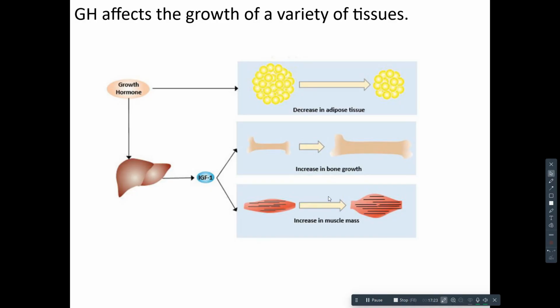It helps increase bone growth. When you've still got that epiphyseal plate, it'll make your long bones longer. Also helps decrease your adipose tissue levels. So that's just a few facts about growth hormone. It is not a complete list here, of course.